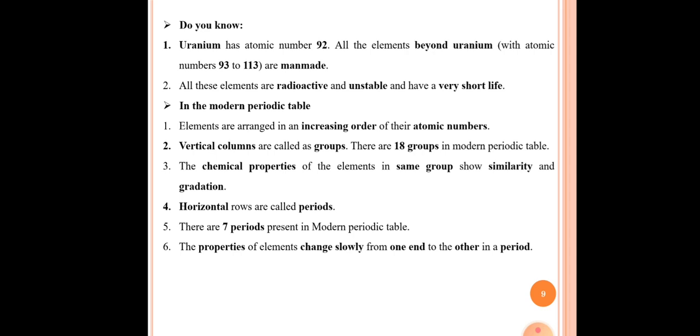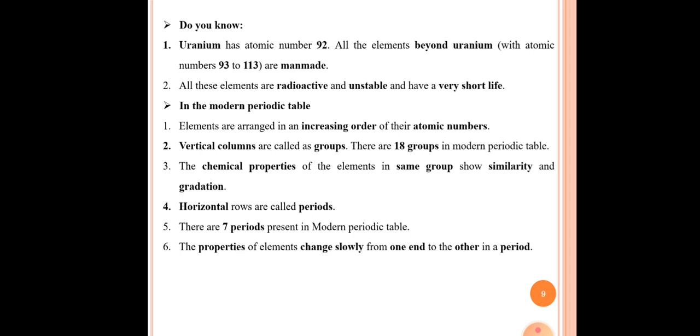The third point here is, the chemical properties of the elements in the same group show similarities and gradation, that is, differences. Though those elements belong to the same group, they show similarities as well as gradation, meaning differences in their properties. The fourth point is, horizontal rows are called periods. The fifth point is, there are 7 periods present in the modern periodic table.